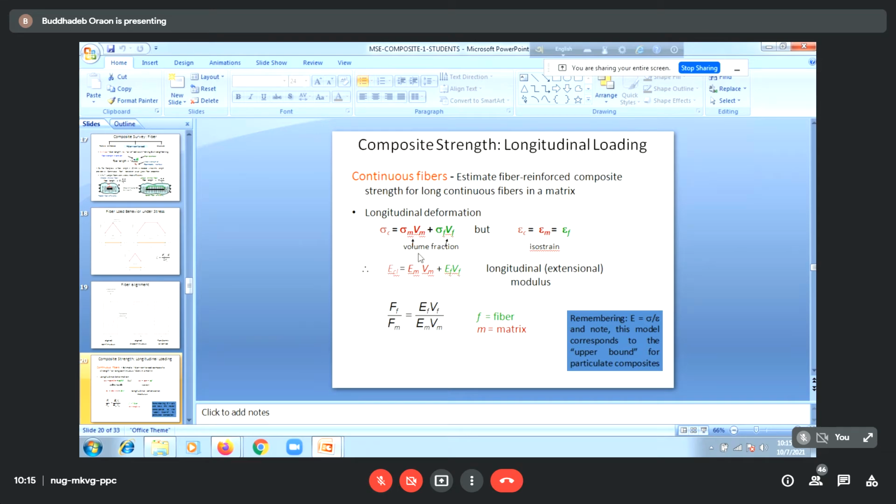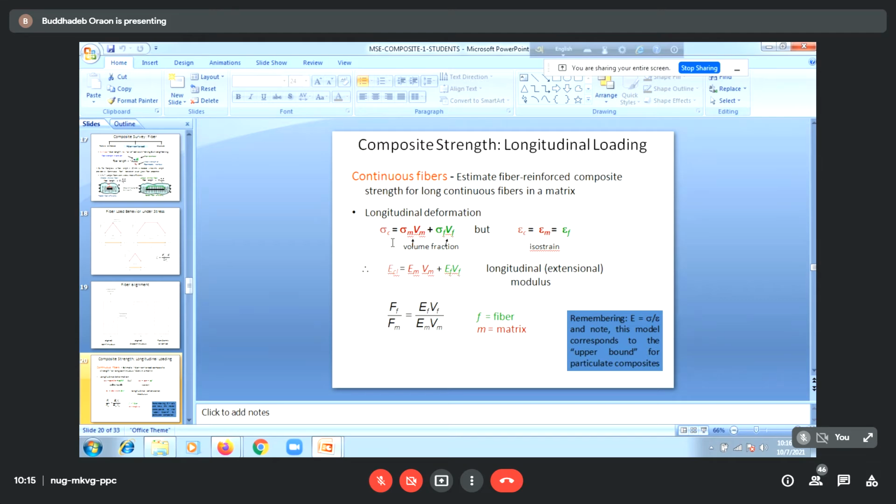So this bonding stress, which we call tau c, the shear stress between the matrix and the fiber, plays a very important role, so that the bonding should be okay. So perfect bonding exists between the fiber and the matrix so that no slippage occurs at the interface.